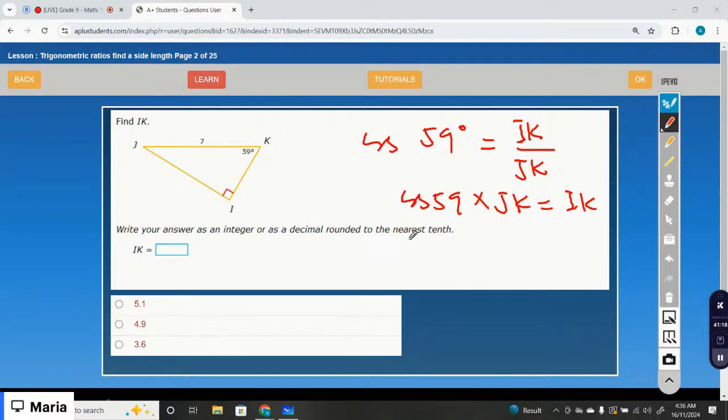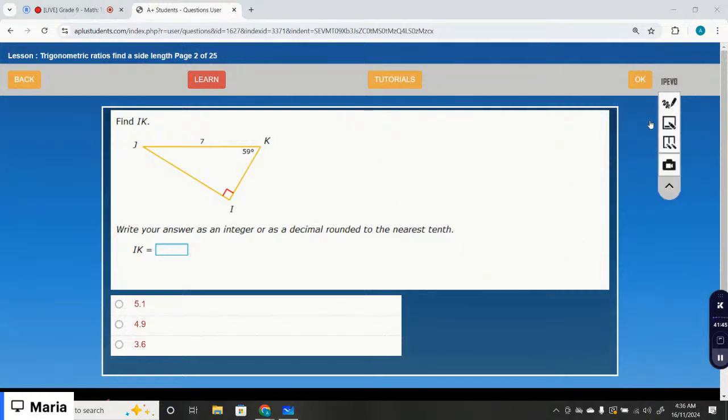JK is 7. You have to evaluate cos 59 times 7. So cos 59 is 0.51 and 0.51 times 7 is 3.6. So the correct option is 3.6. Option number 2 is the correct option.